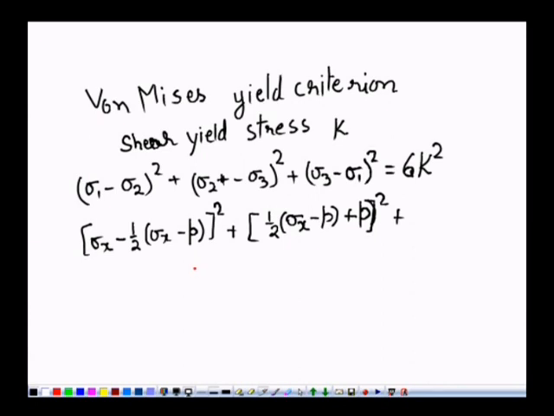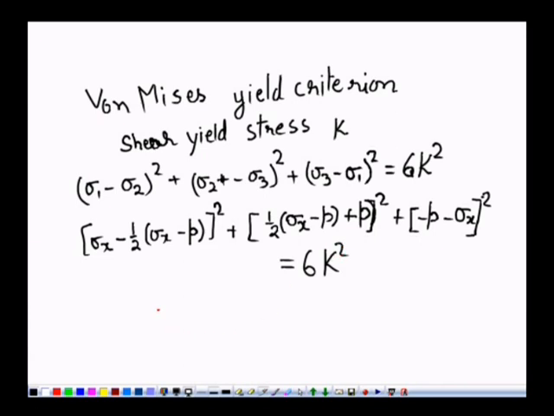Similarly, for the last one, minus p is already there and minus sigma x is there. So the whole square of this must be equal to our 6 k square.